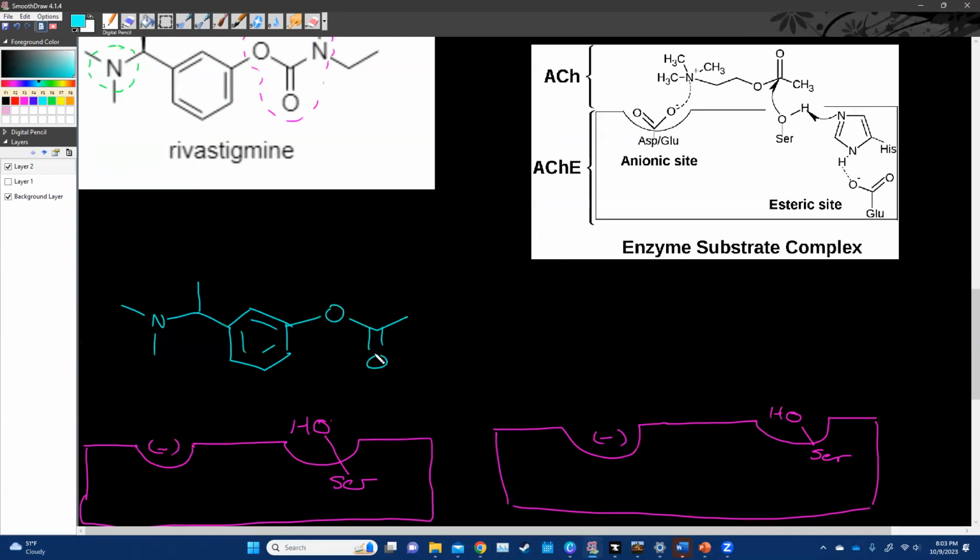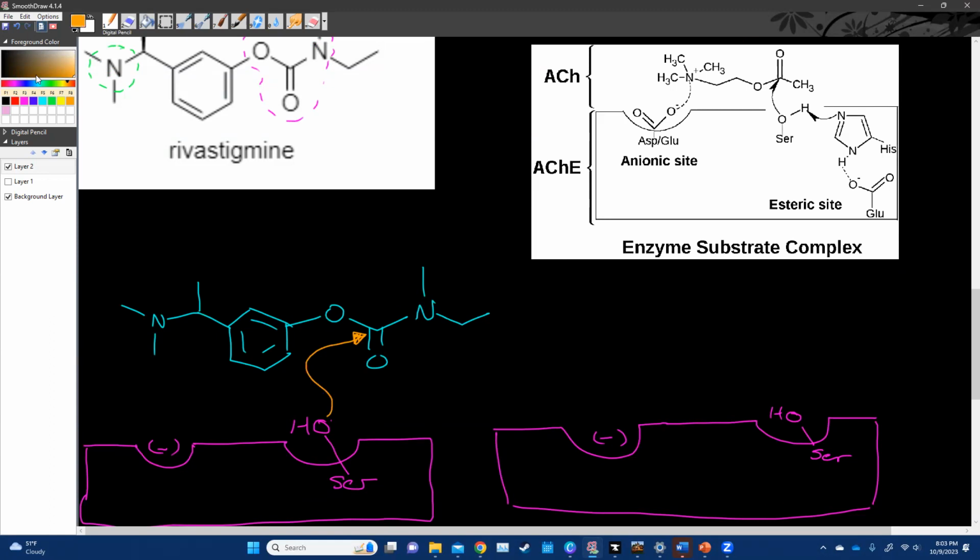What ends up happening here is the drug acts in a way to bind to the serine moiety. What do I mean by that? I mean that the drug actually splits itself apart and it attracts the carbamate, almost like a suicide bomber.